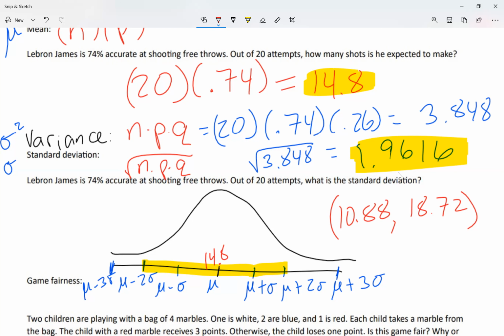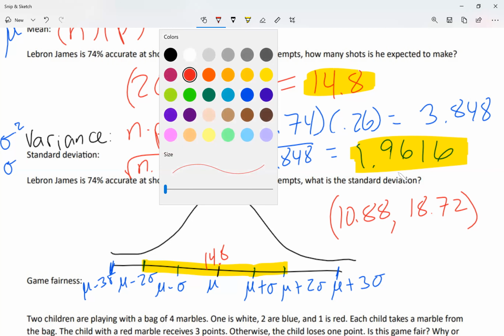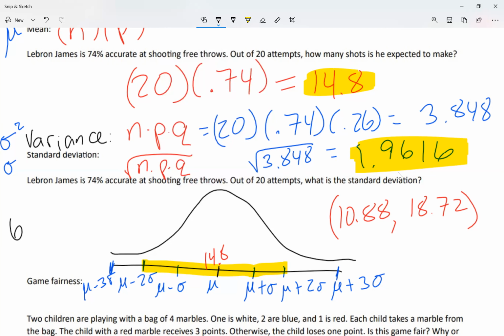Remember the percentages of the empirical rule. I call them 68, we did a dash, 95, we did a dash, and then 99.7. So if I ask you 68%, you only subtract and add 1 standard deviation.